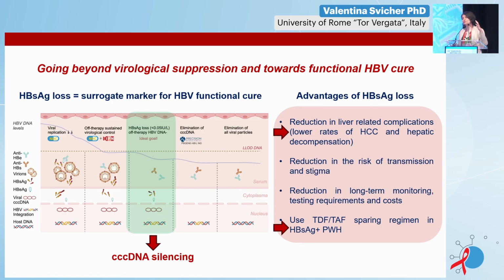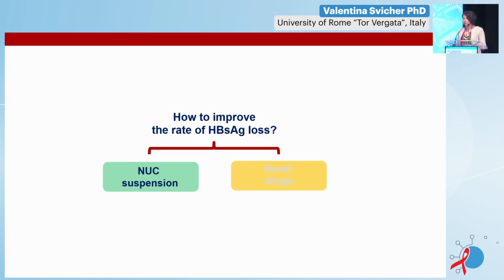HBsAg loss is so far the surrogate marker for HBV functional cure that, as you can see in the slide, is associated with several advantages, including a reduced risk of developing liver cancer and, in people with HIV, the possibility to start a tenofovir TAF-sparing regimen.